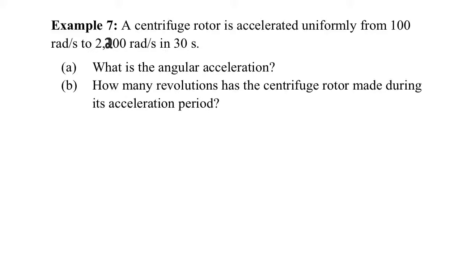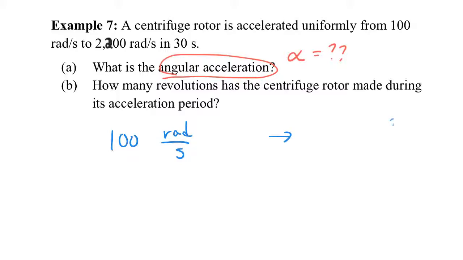Then look at part A. Part A says, what is the angular acceleration? That's alpha that we're looking for, so that's our question mark. We're told that the centrifuge rotor is accelerated uniformly. If it's accelerated, it's either speeding up or slowing down. It says from 100 radians per second up to 2200 radians per second.